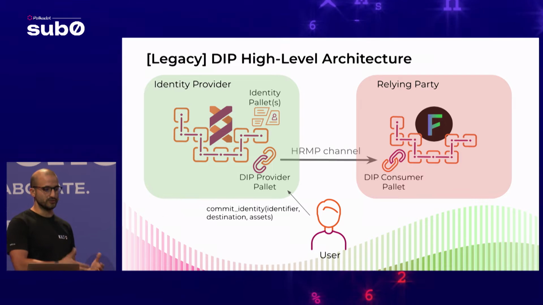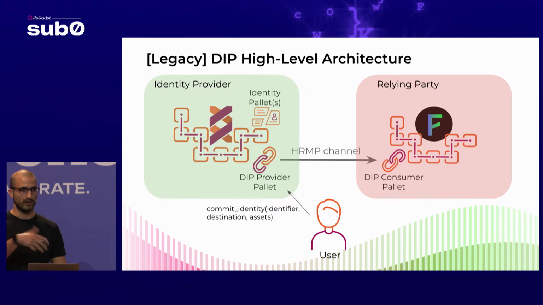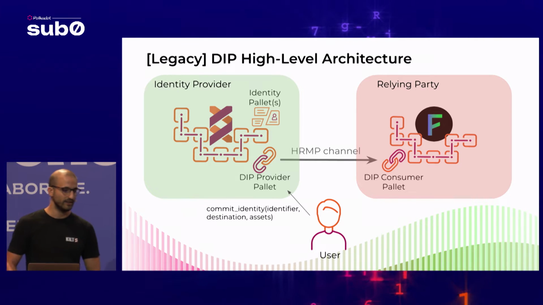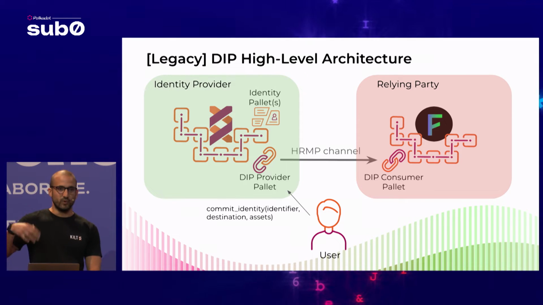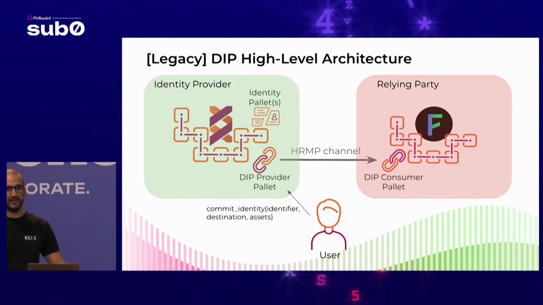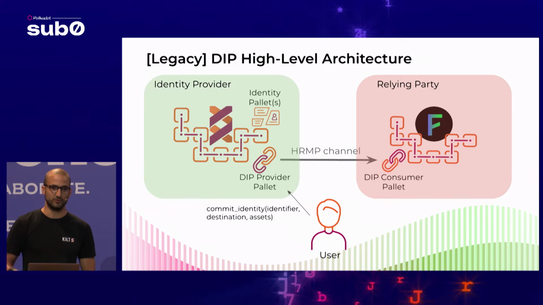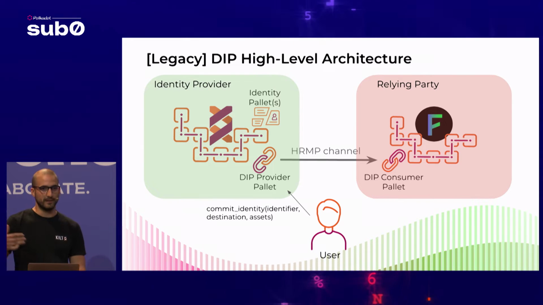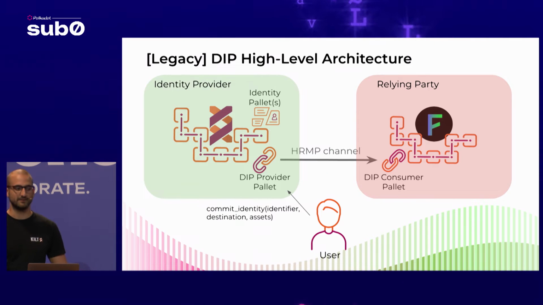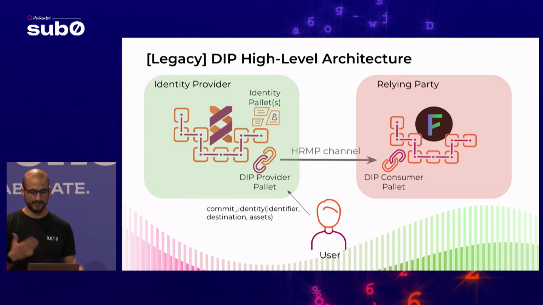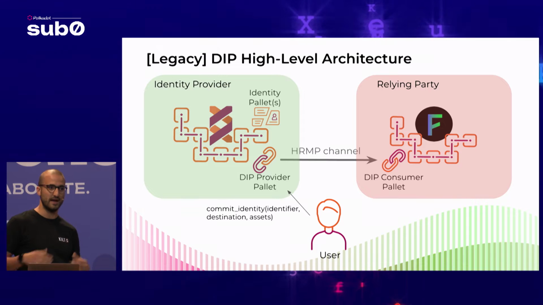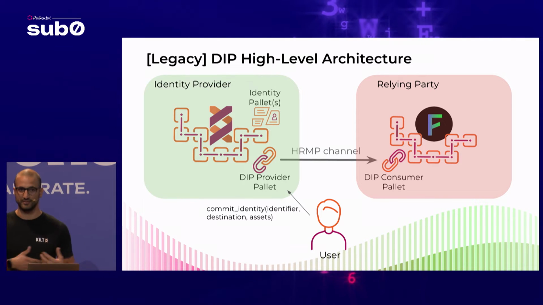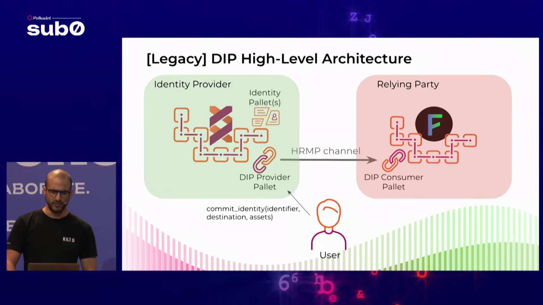And then for a user to bridge that identity, they would have to call an extrinsic on the provider chain, specifying which destination they want to bridge that identity to, and also how they want to pay for the XCM fees. And the reason why this has to be repeated for each relying party chain is because right now XCM doesn't support multicast messages. So you have to send one message to each chain that you want your identity to be bridged.